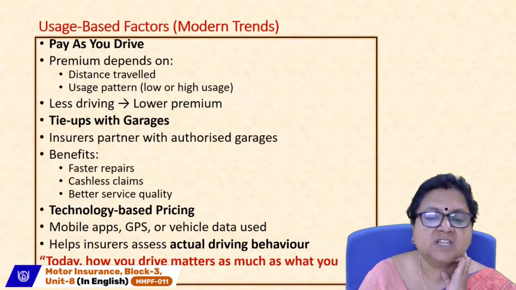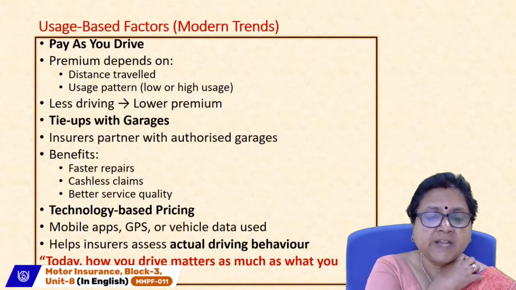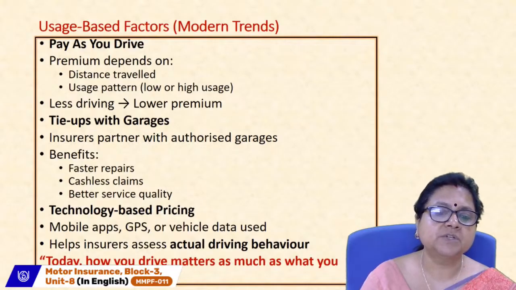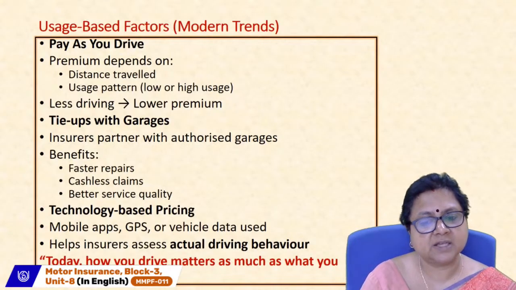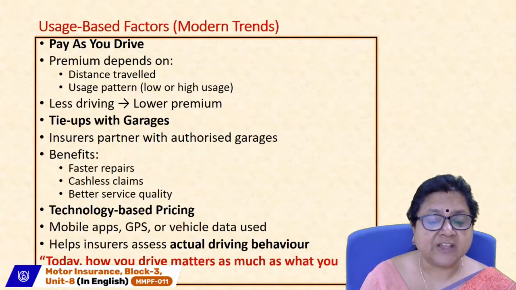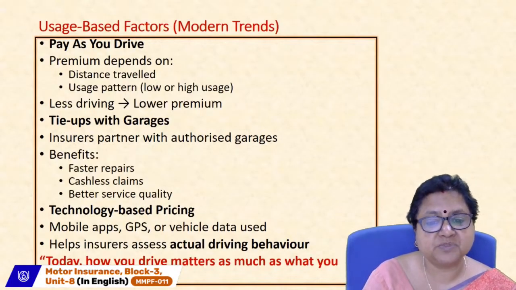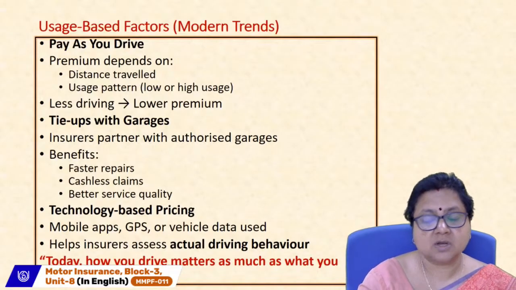In that case, there was an inspection by a team who goes and assesses. But now it is a technology-driven thing. With the help of technology, the insurance companies can very well assess the actual driving behavior of that person, and they can quickly settle the claims. So today, how you drive matters as much as what you drive. This is the basic change in the viewpoint of the motor insurance companies.